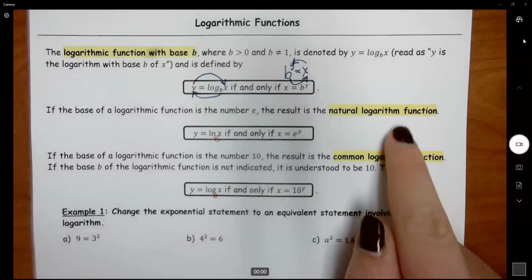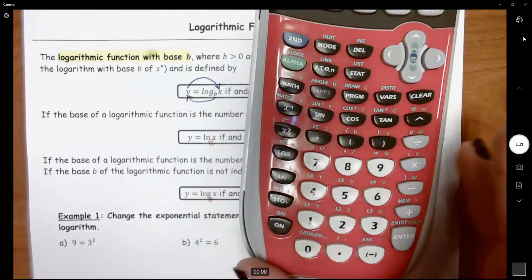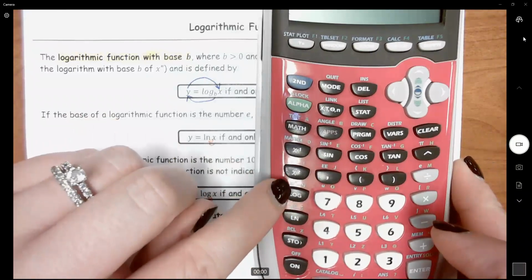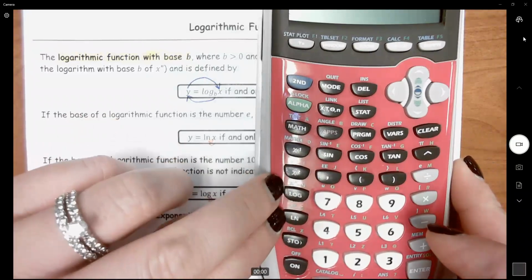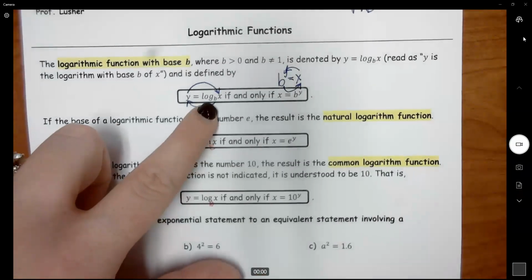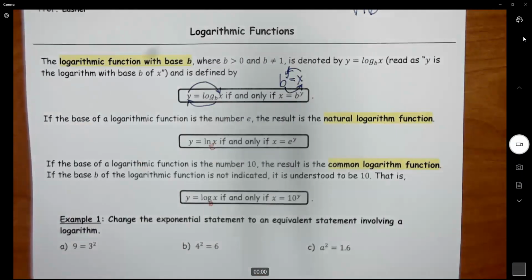Now, these two are important when we're talking about logs, because those are the only two logs that are on your calculator. You have your common log and your natural log right here. We will learn how to put a log base b of x in our calculator, and there's 3 ways we can do that.